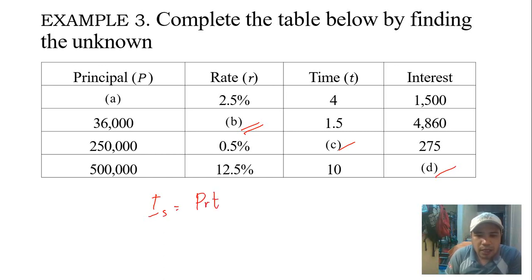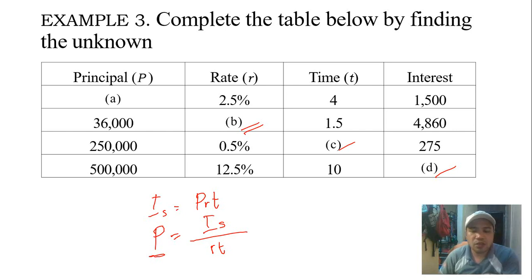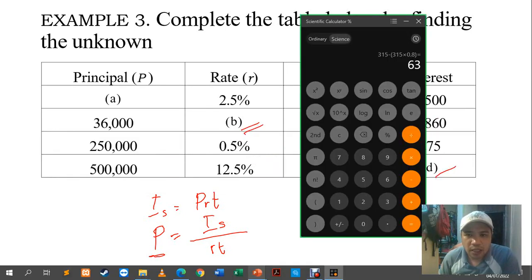If we are looking for the principal, that is IS over RT. Then, we substitute the values. Eventually, we'll be able to get the values that we need. So, for letter A, P is IS over RT. So, let's try to calculate.